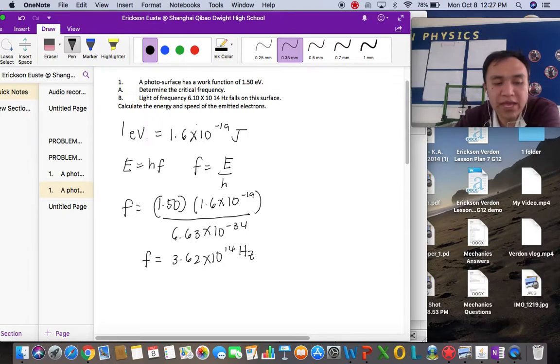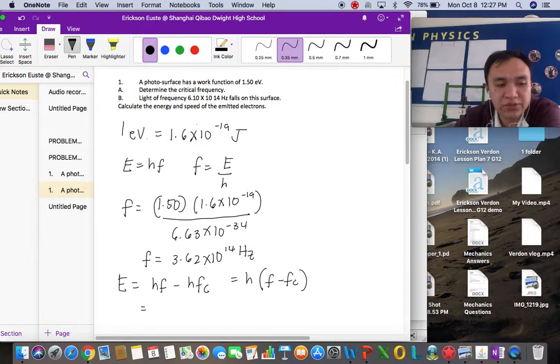So we can have E is equal to hf minus hf times the critical frequency. So we can have also h times f minus critical frequency.